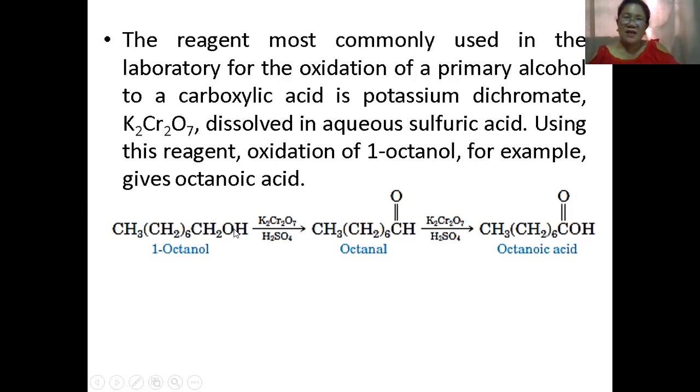And you will form here C double bond O then H.